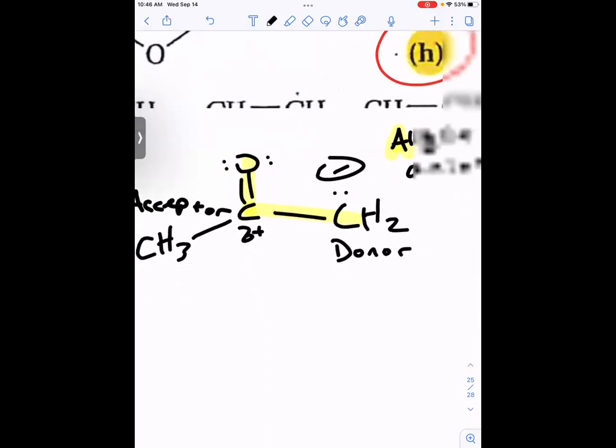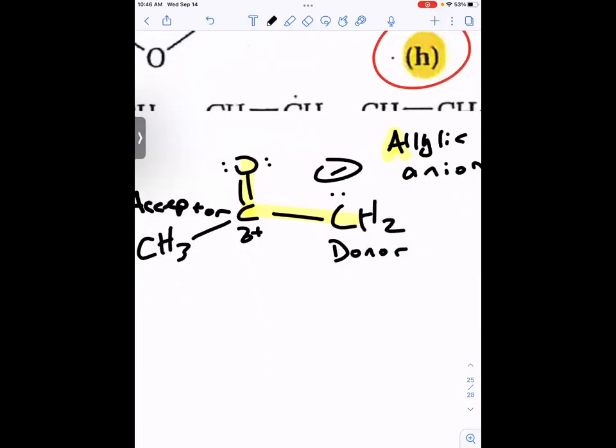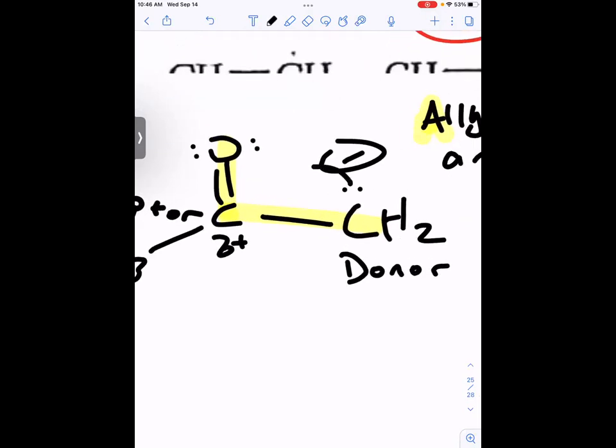So what are the arrows for the allylic anion pattern? Where do we start? We always start at the donor. So we're going to start here, and put the arrow between.